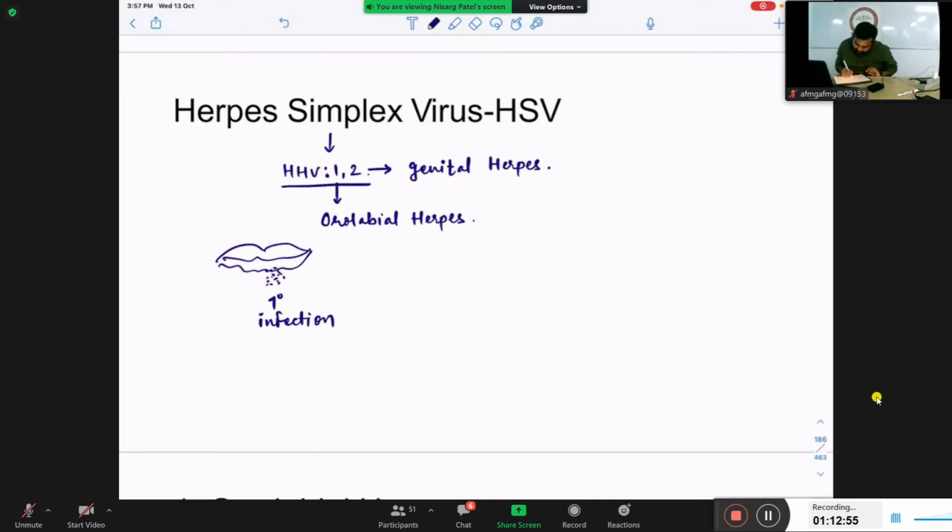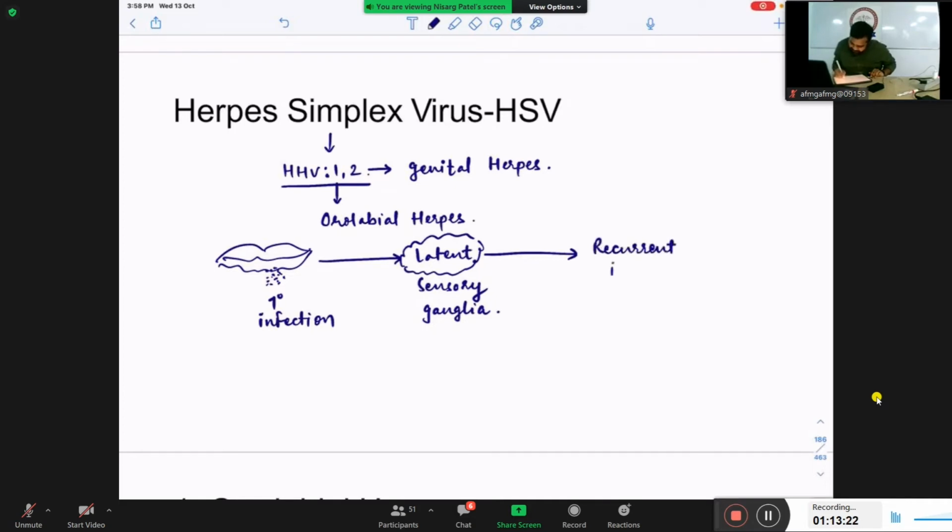After the primary infection, the virus will go latent for some time, in the sensory ganglia, but again and again it will reinfect, causing recurrent infection around the same area.